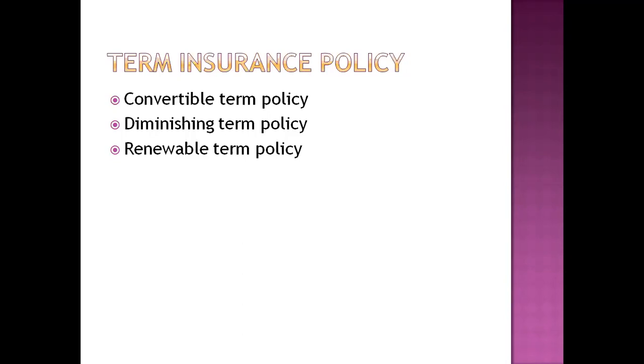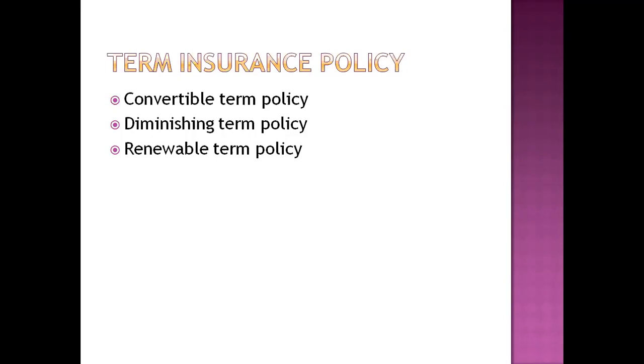It starts from 1 month, 2 months, 3 months. The sum assured is payable only in the event of death of the life assured during the insurance period. Nothing is payable in case of the assured's survival.